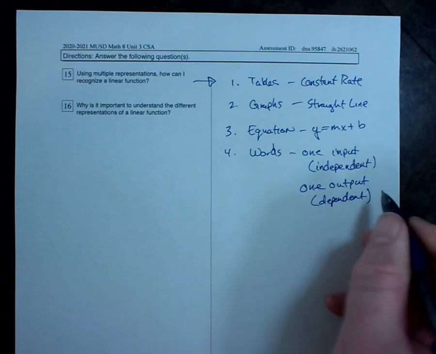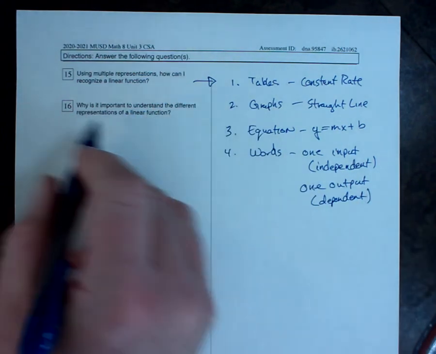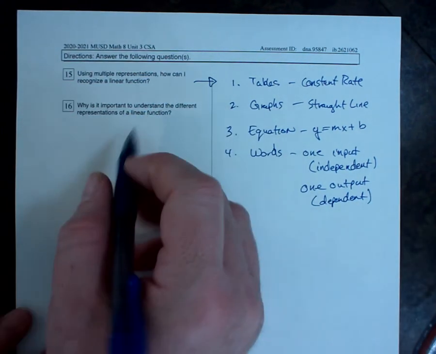And finally, we have number 16. Why is it important to understand the different representations?